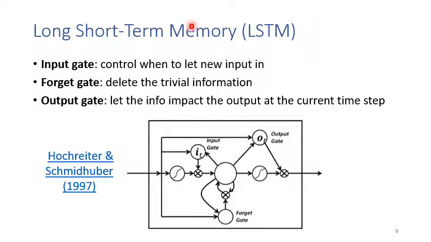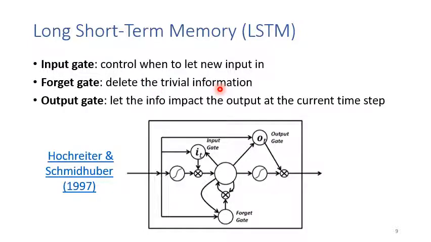To solve the vanishing and exploding gradient problem, the researcher Schmidhuber proposed a model called long short-term memory. It was very successful. The long short-term memory adds multiple gates. First, they add an input gate to control if we want to let the new input in or ignore the input. And then it adds the forget gate, so it can delete the trivial information.